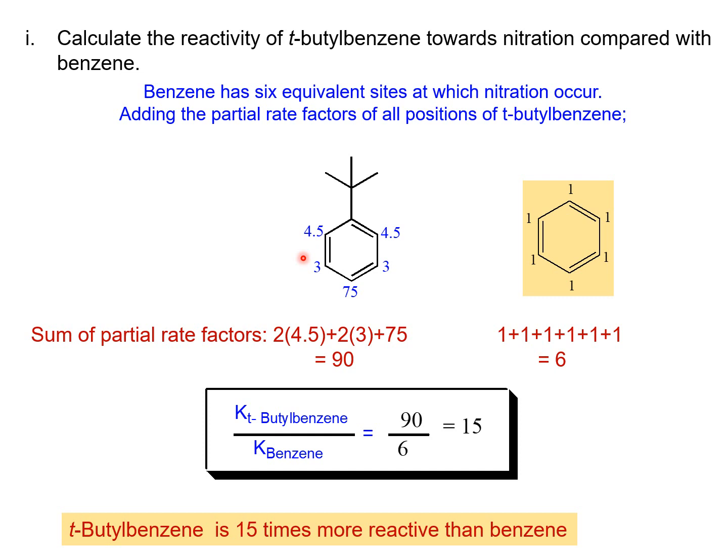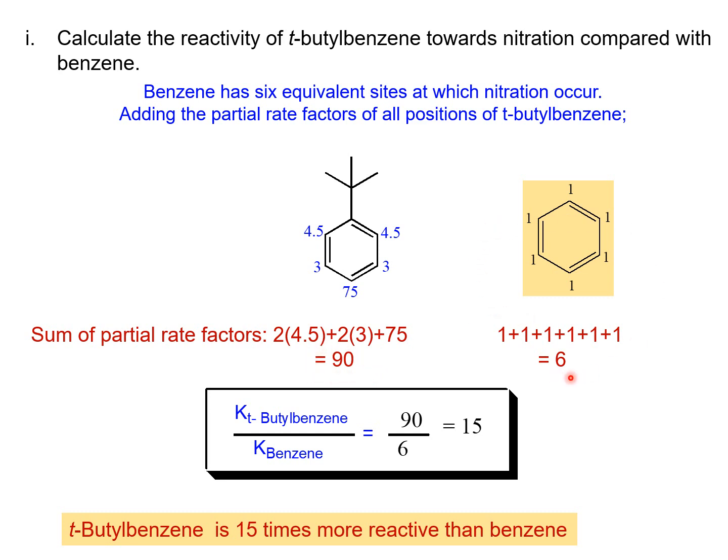Simply what you have to do, add all the partial rate factors for the tertiary butyl benzene, and as benzene has 6 equivalent positions, you have to take the partial rate factor for the benzene as 1 for each position and add them as well. So adding partial rate factors for all the 5 positions of tertiary butyl benzene, you get the answer 90.